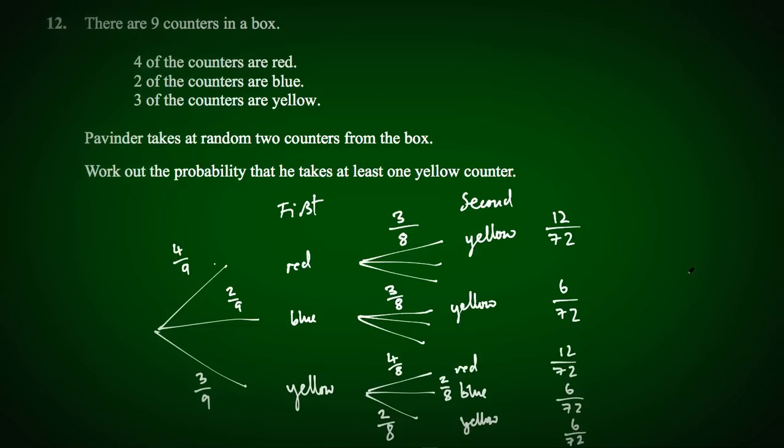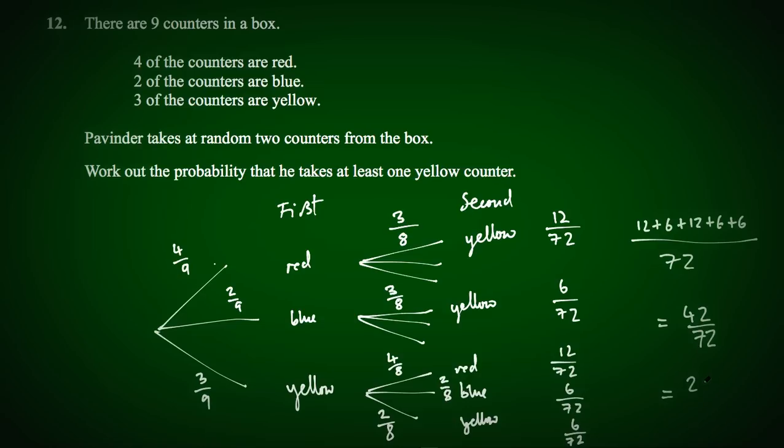If I add all these numerators together, I've got 12 plus 12 is 24. So I'm going to write out 12 plus 6 plus 12 plus 6 plus 6 all over 72, which equals 24, 30, 42 over 72, which can be simplified because I can divide top and bottom by 2.